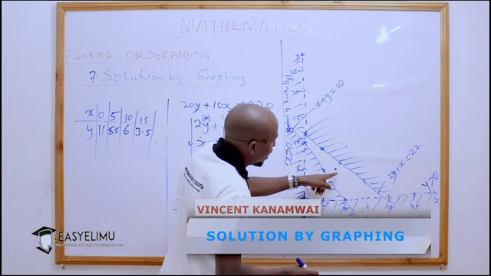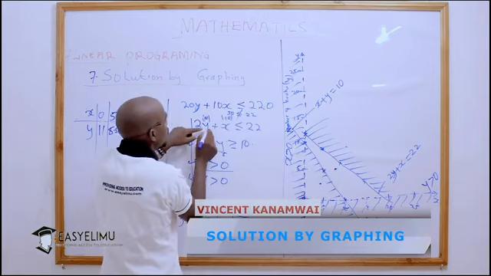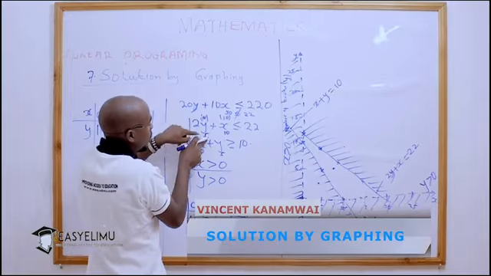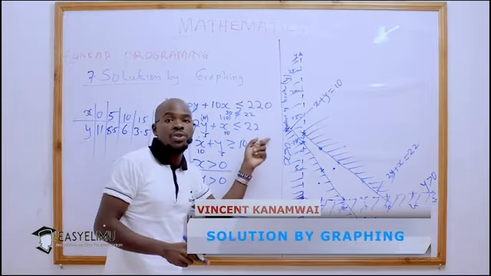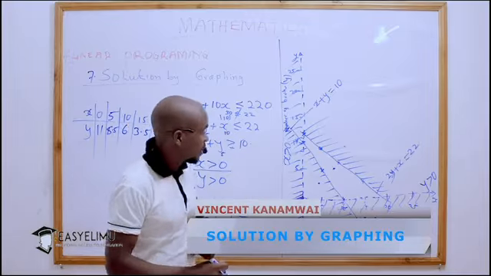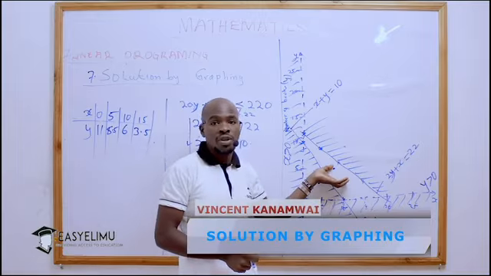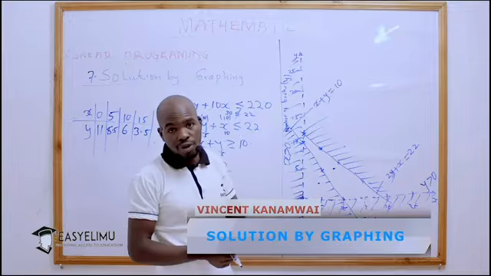And if you put here 5 and here 10, you will find 2 times 5 is 10, 10 plus 10 is 20, and 20 is less than 22, meaning that point is satisfied. So any of the points which lie within the unshaded region satisfies our condition.